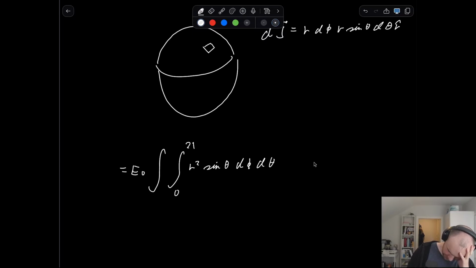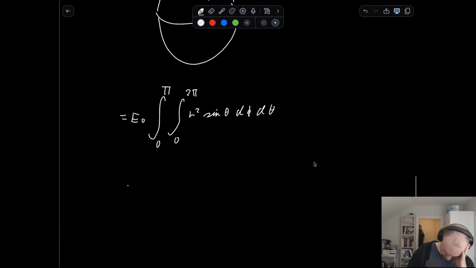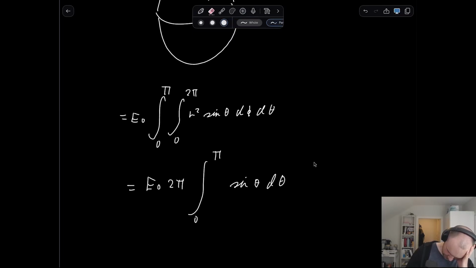D phi is all around, so E0 times 2 pi goes there, with theta from 0 to pi. It's not r, so just change it to a squared, and then I have sine theta d theta. And a squared should have been on the outside.